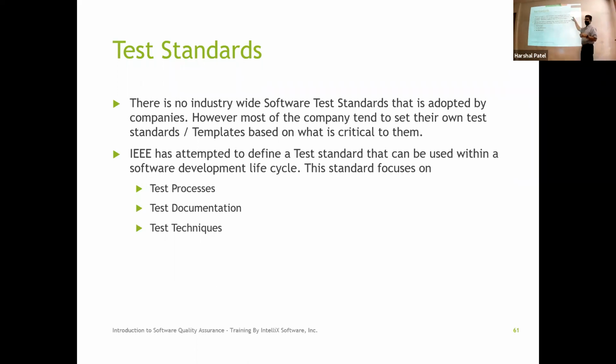Because of that, you can't expect that for every software that I write, there is a cookie cutter template and cookie cutter standards that I can apply for testing. The way you test something which works in a data center is going to be different than something which is working on your laptop or on your phone, right?